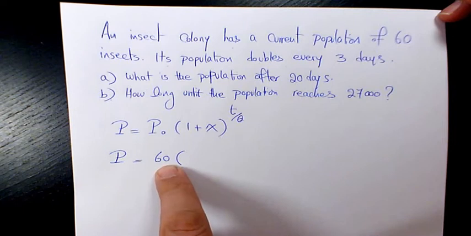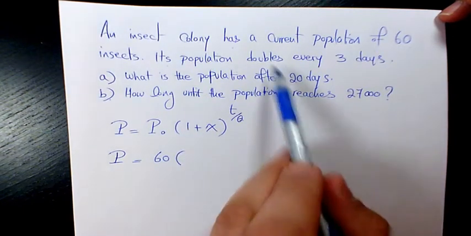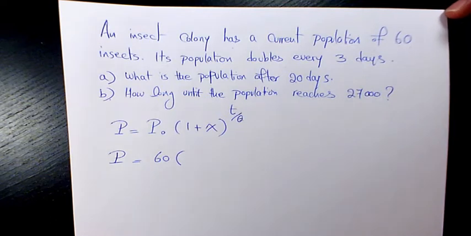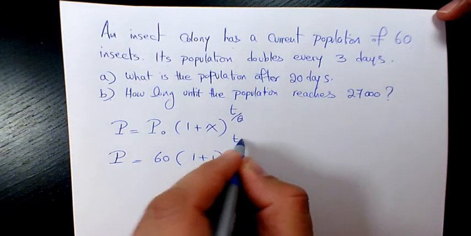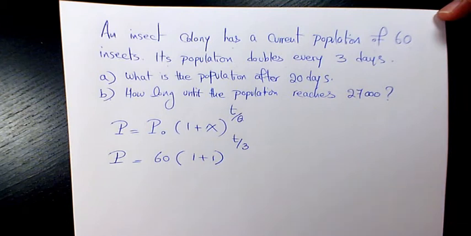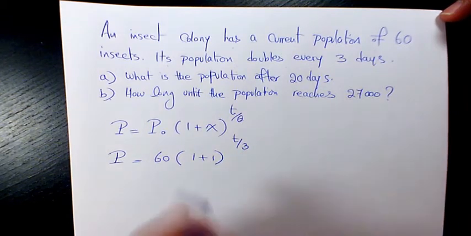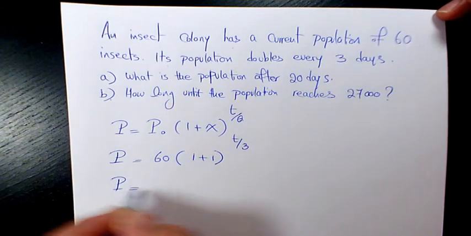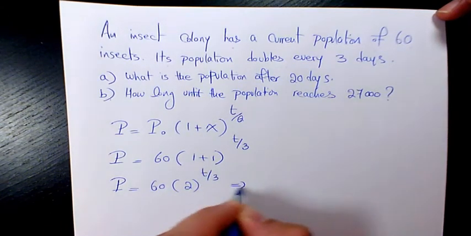So this is the initial, this is the final. For 1 plus x, it says doubles. It means 100% more, so it means 1 plus 1, to the power of t divided by 3. And t is in terms of days, because these 3 days are one cycle. So P equals 60 times 2 to the power of t divided by 3.